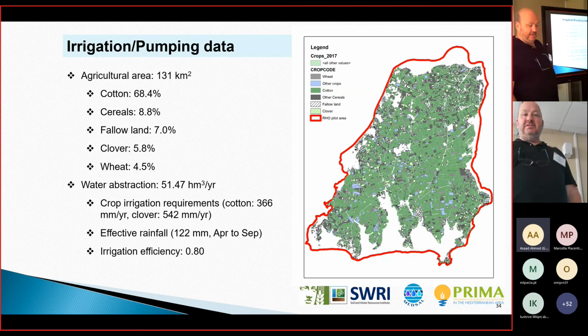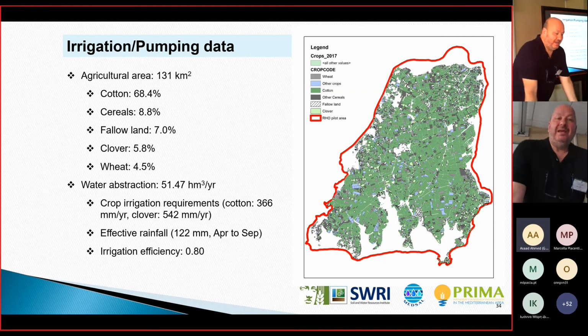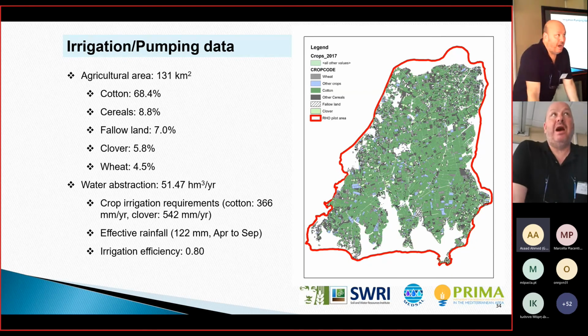Based on this information, we estimate the crop irrigation requirements for the key crops, cotton and clover here, as you can see. We also take into account the effective rainfall for the irrigation period, the summer period, and the irrigation efficiency of the irrigation method that is used in this area.